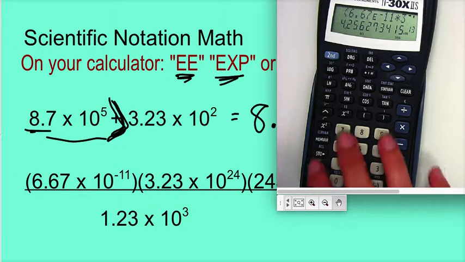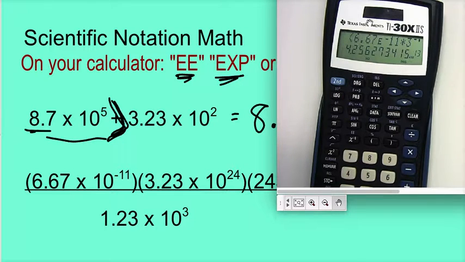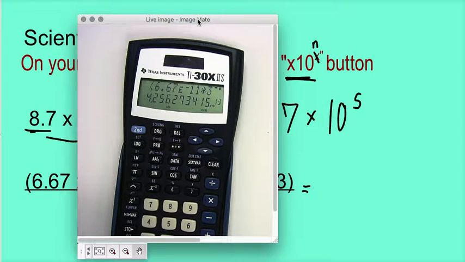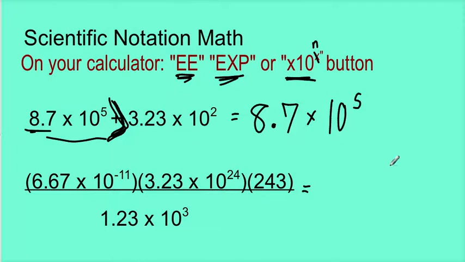And it gives me my answer in scientific notation. Again, you always go by the least significant. So since all these numbers only had 3 digits, I'm going to keep my answer to just 3 digits. And I will then report my answer as 4.26 times 10 to the 13th.